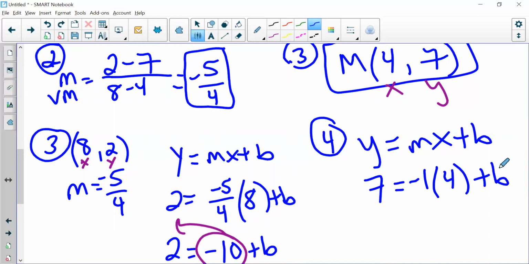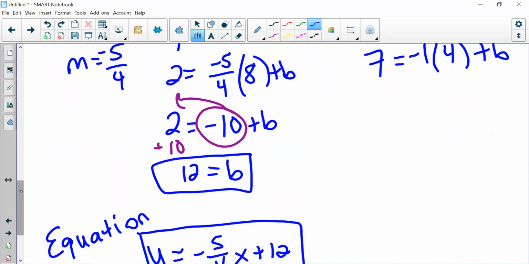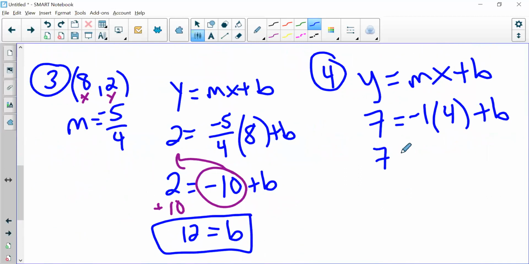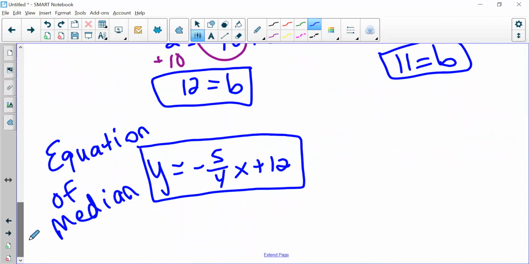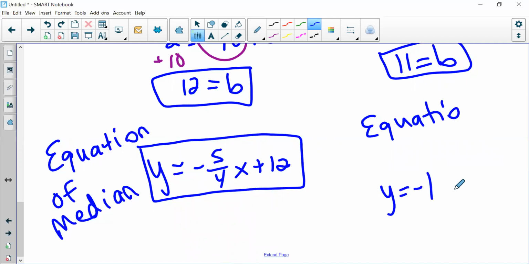Guys, go ahead and solve for your B value. What's your B value? 11. Good. So what's the equation of the right bisector? Y equals negative x plus 11. Good. Some of you guys maybe wrote it like this. We don't need the 1 in there.